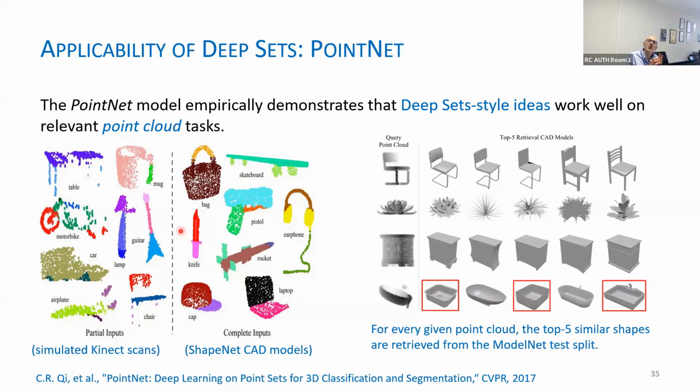And the network is capable of doing basically two things. The first one is the segmentation of the object. So we can have a label for each point of the domain. So we can give a specific part label to the points. And so here you see two results for a simulated Kinect scene and some CAD, some modeled object.